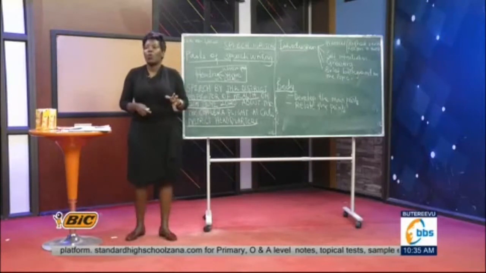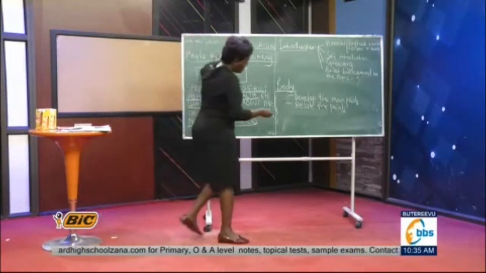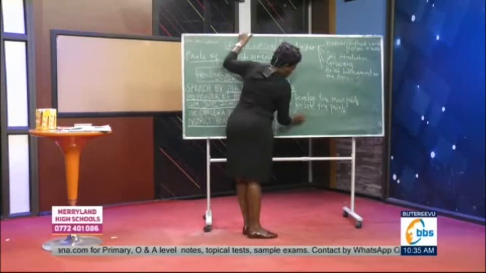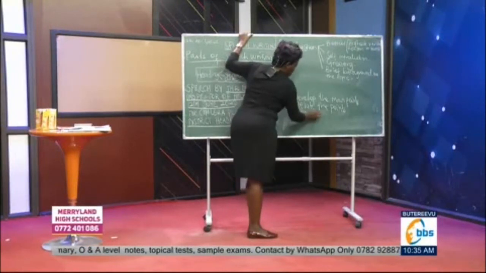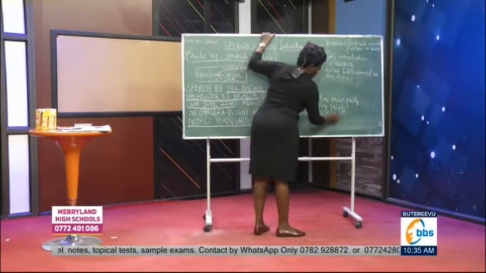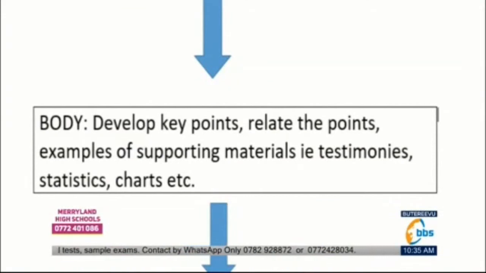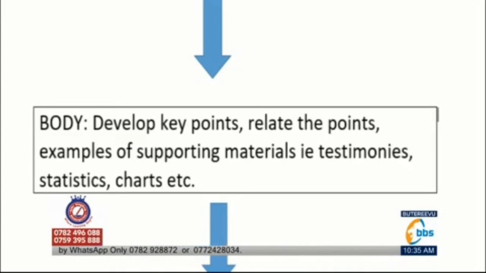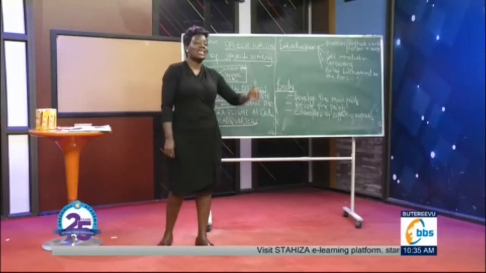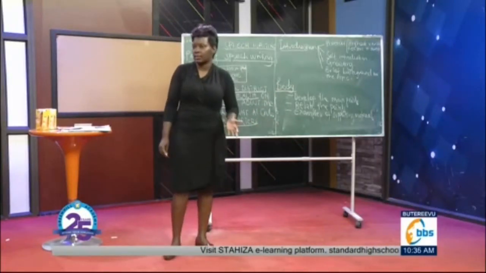It is in the body where you will even bring examples of supporting materials. These supporting materials could include maybe testimonies. You say, as you see me here, I am a testimony of the massacre that happened in a given place.